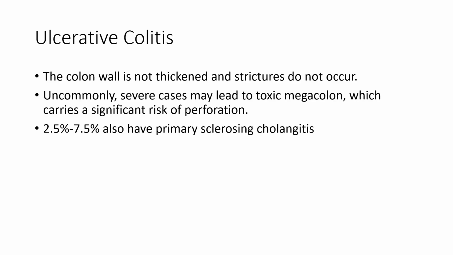A complication of ulcerative colitis is toxic megacolon. It occurs uncommonly and in severe cases of ulcerative colitis that are associated with inflammation of the muscularis propria, and this will result in neuromuscular dysfunction, which can lead to severe colonic dilation and hence toxic megacolon.